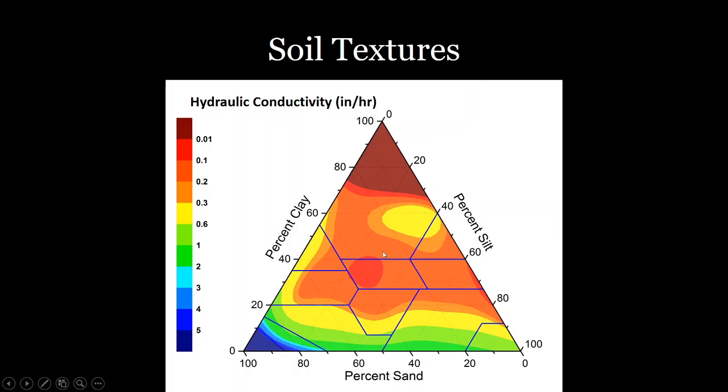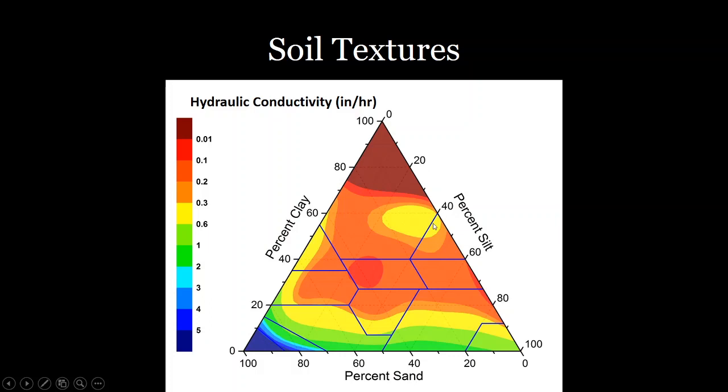For example, the middle of the chart that has roughly equal percentages of clay, silt, and sand has an anomalously low value for hydraulic conductivity. And that's because when you have a large grain size distribution, many particles of different sizes, then the smaller particles tend to fill in the spaces between the larger particles, and the void space is decreased, and the porosity decreases when you increase your grain size distribution.